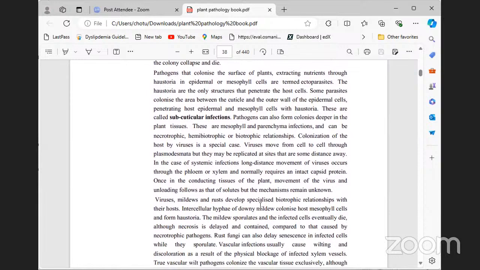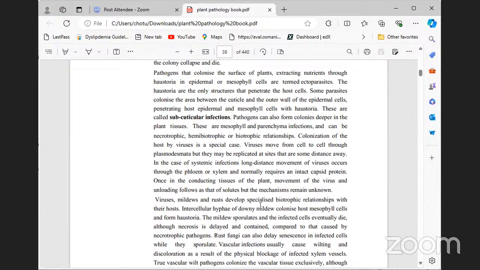Pathogens that colonize the surface of plants, extracting nutrients through haustoria in epidermal or mesophyll cells, are termed ectoparasites. The haustoria are the only structures that penetrate the host cell.